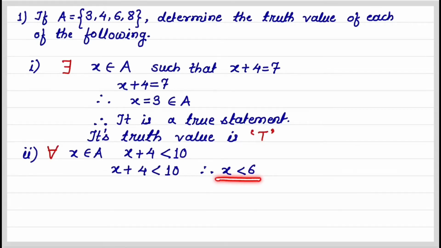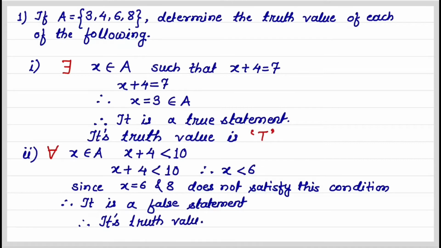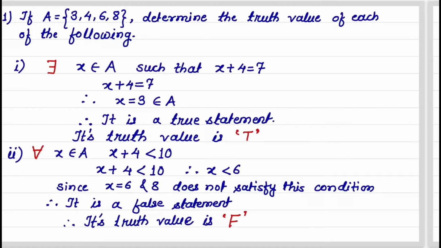But x equal to 6 and 8 does not satisfy this inequality, and hence the given statement is a false statement. Remember that when the for every quantifier is used, every value of the set must satisfy the given equation or inequality. Then it is true, otherwise it is a false statement.